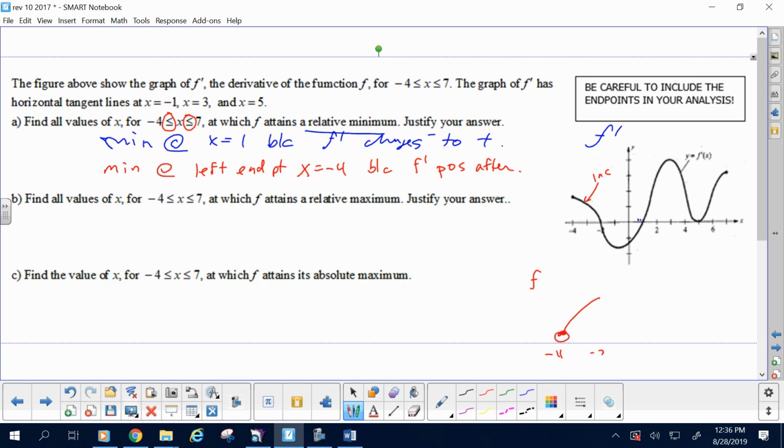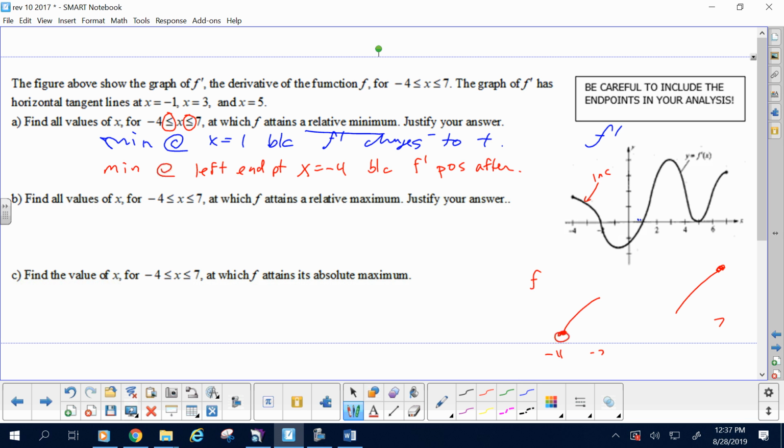Are you with me? So let's talk about x equals 7. I'll just put it there. What was it doing before that? The derivative was positive, so the function was doing what up to then? Increasing. So what does that make the right endpoint 7? A max. And besides the interior, did you have an interior max maybe at negative 2?